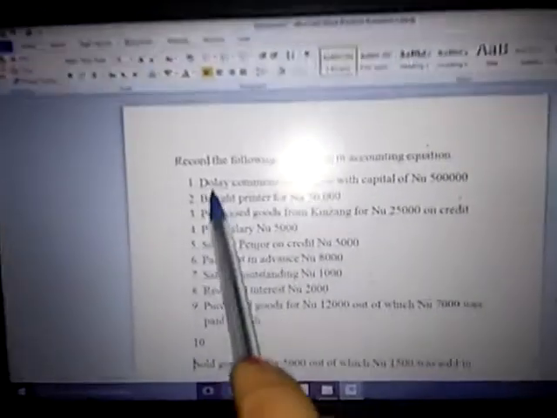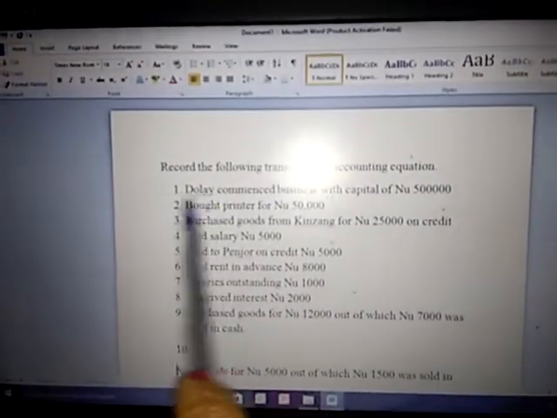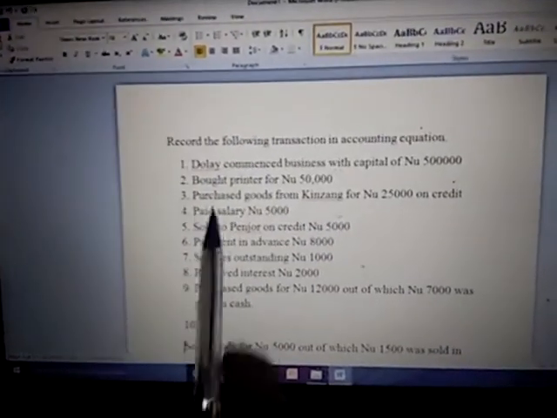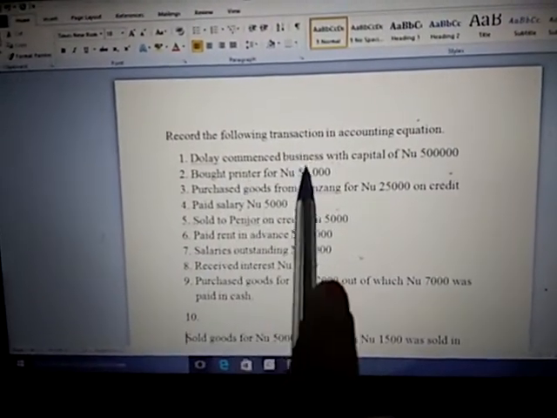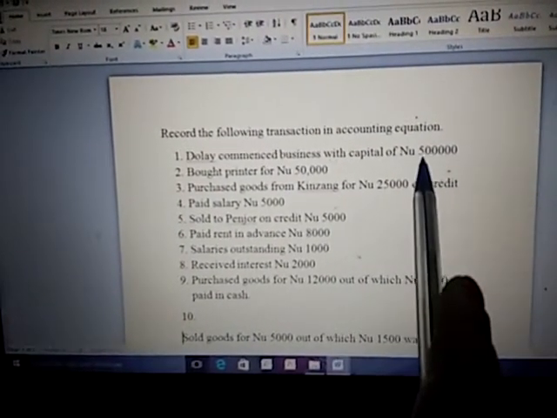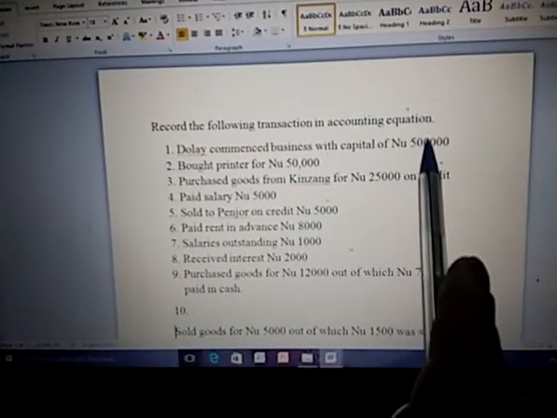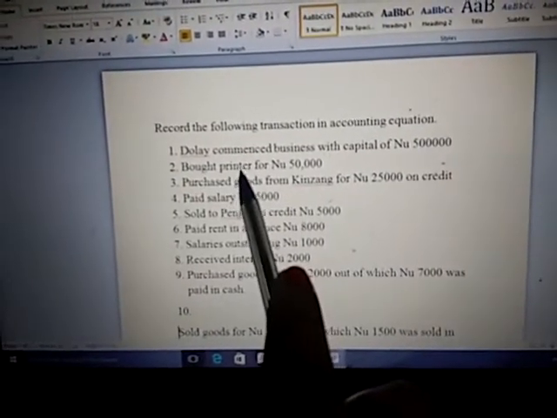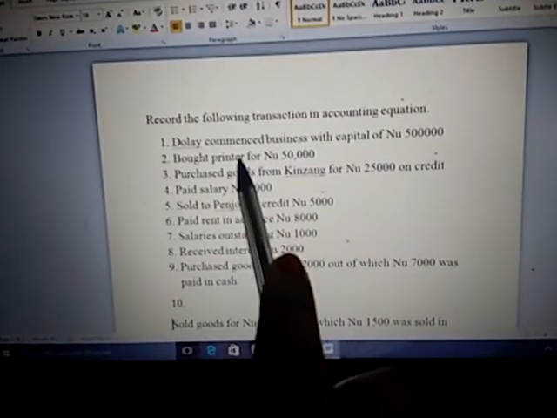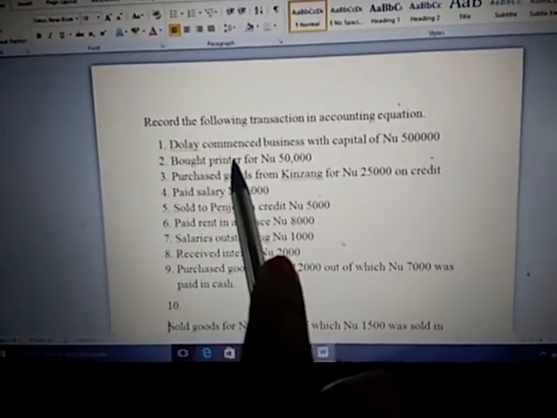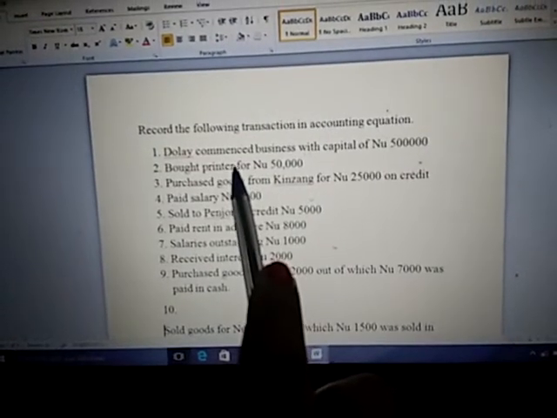Transaction number 2, it says, after starting the business, Dole purchased a printer for 50,000. See, he brought money 5 lakhs into the business. After that, from this money, he is buying a printer for his business. Okay, now I'm going to put this in the accounting equation.